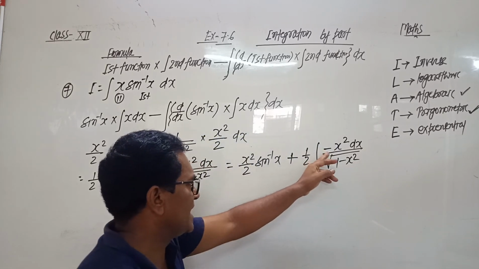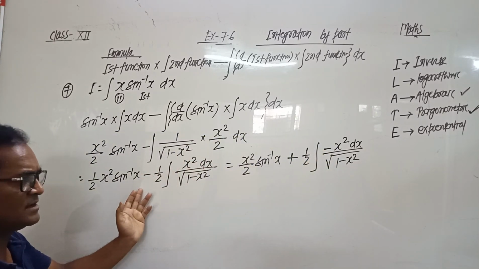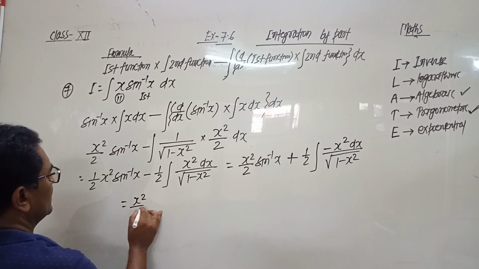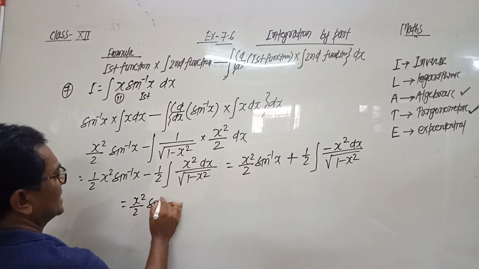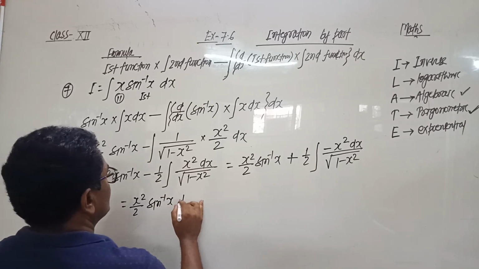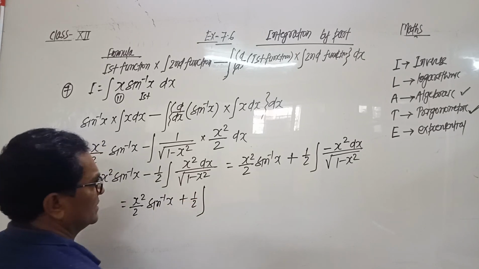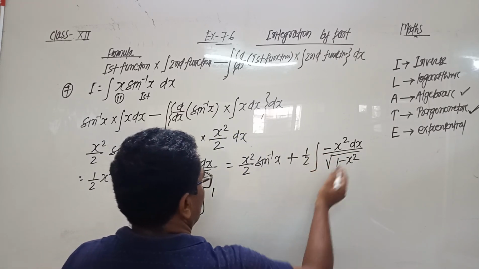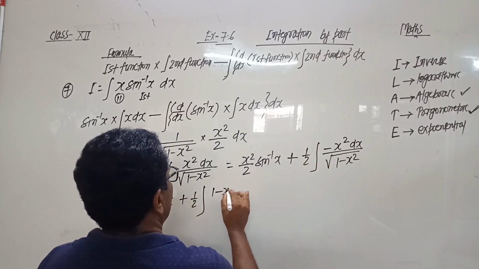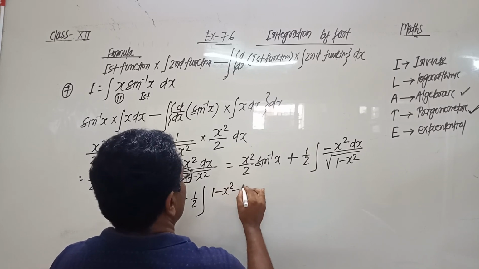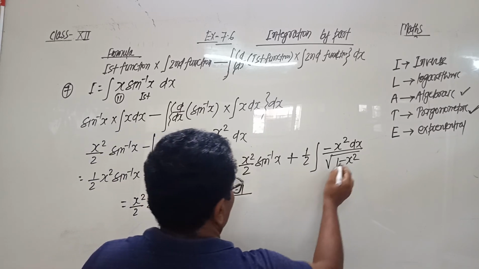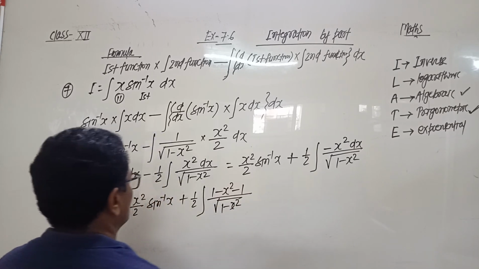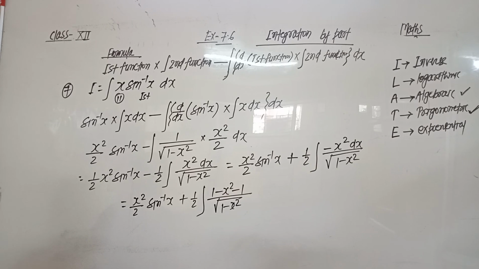Plus minus and minus plus, it becomes minus. So x square by 2 sine inverse x plus 1 by 2 integration. We add 1 and subtract 1. 1 minus x square minus 1 upon root over 1 minus x square dx.